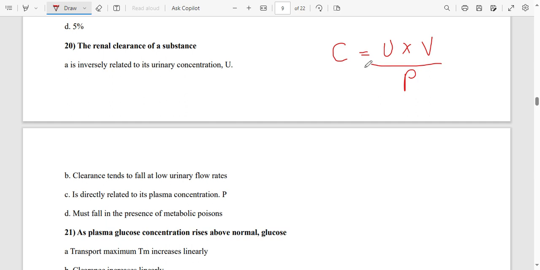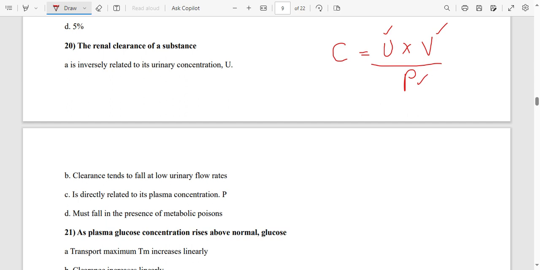U is the concentration of the substance in urine, V is the urine flow rate, and P is the concentration of the substance in plasma.